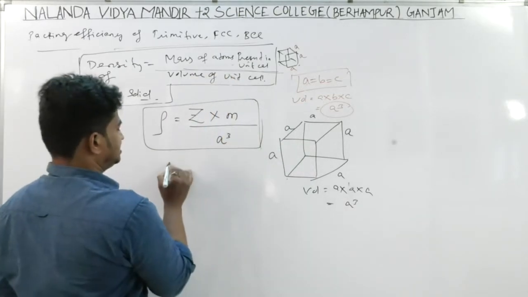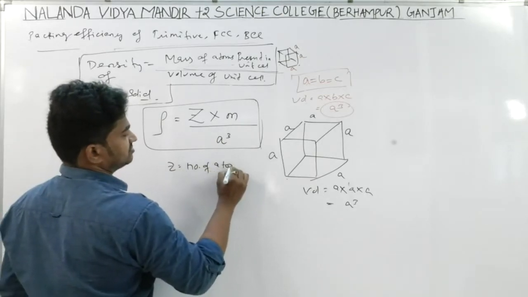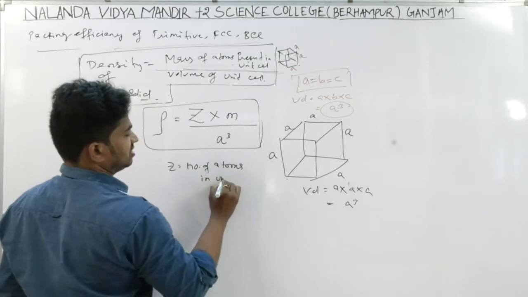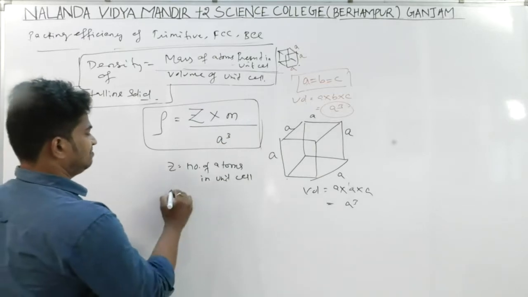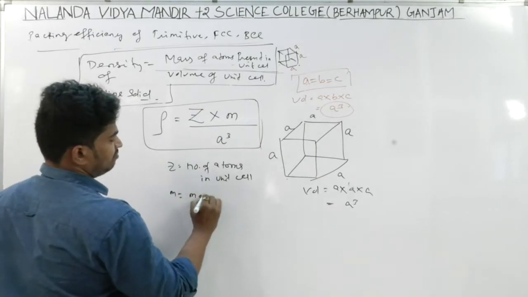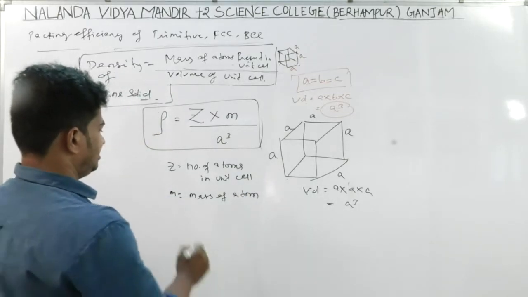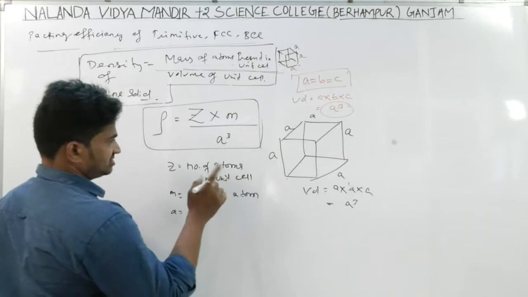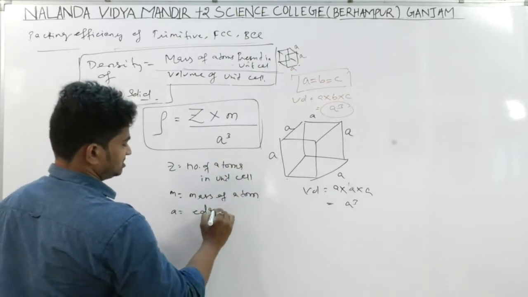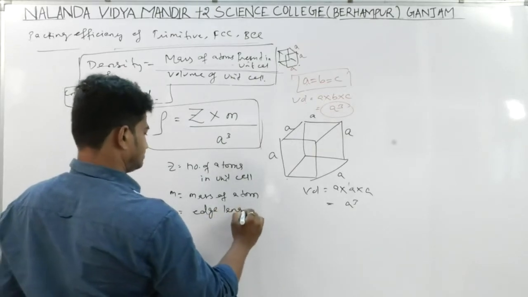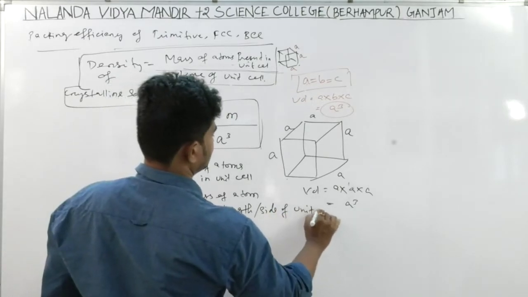Here M is the mass, Z is the number of atoms in the unit cell, and a is the side of the unit cell, or edge length of the unit cell.